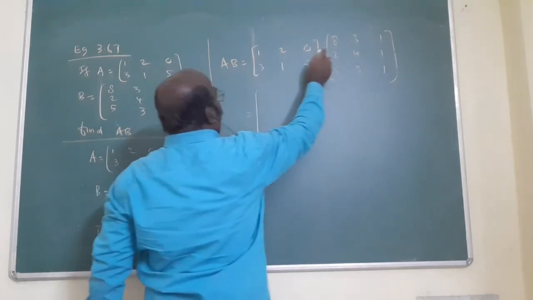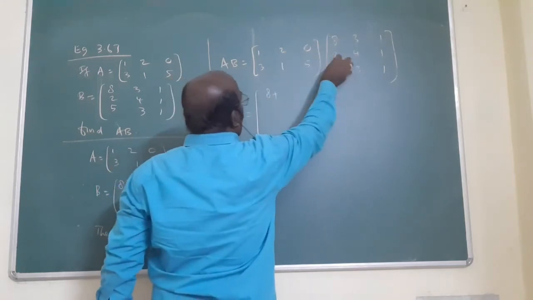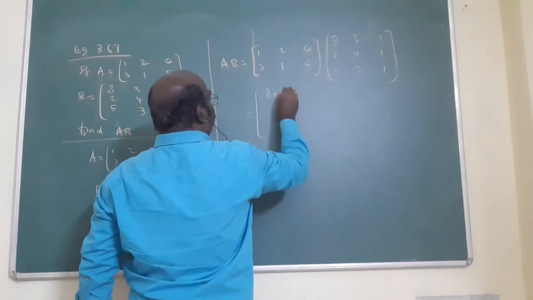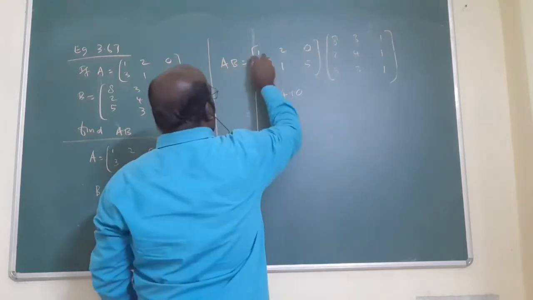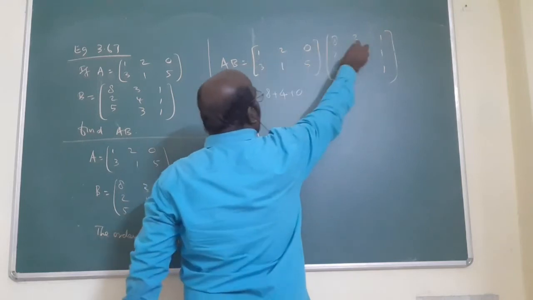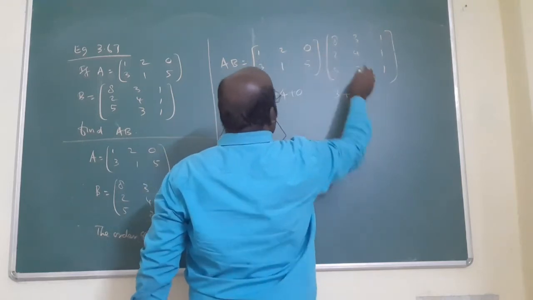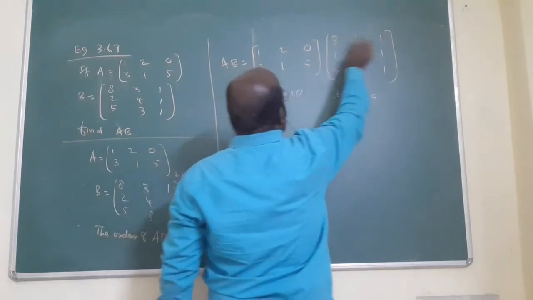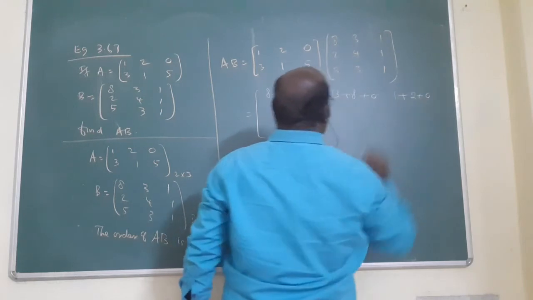Now, first row, first column: 1 8s are 8, plus 2 2s are 4, plus 0 into 5, 0. First row, second column: 1 3s are 3, 2 4s are 8, 0 3s are 0. Last one: 1 1s are 1, plus 2 1s are 2, plus 0.